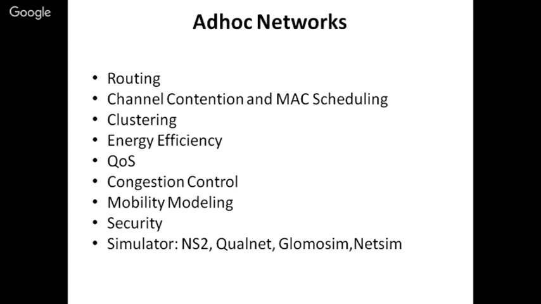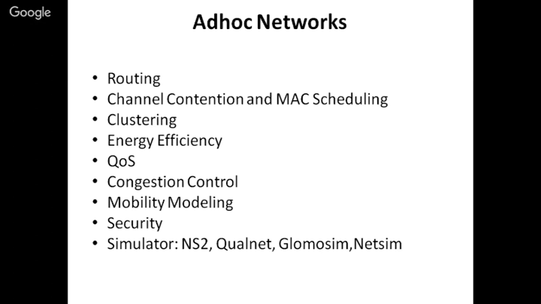Then there will be congestion also in the network, because as soon as more and more nodes are part of the network, there will be congestion. So we want to have some congestion control algorithm, so that we will be able to detect whether there is really a congestion in the network, or the packet drop was for some other reason.